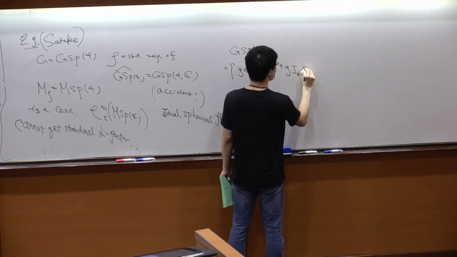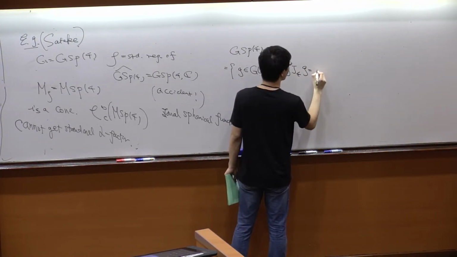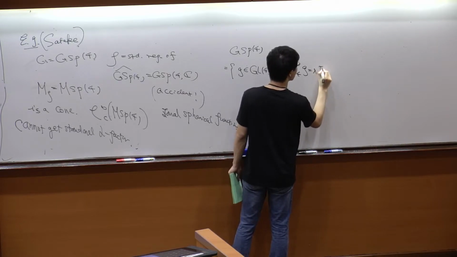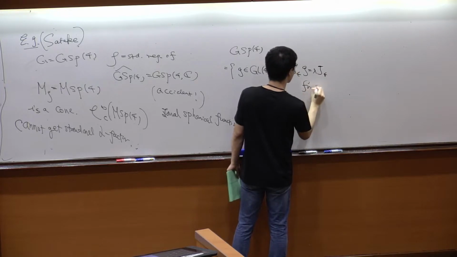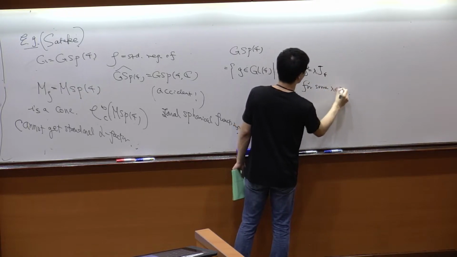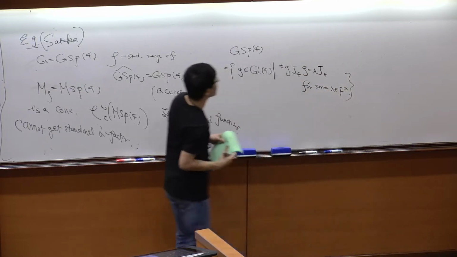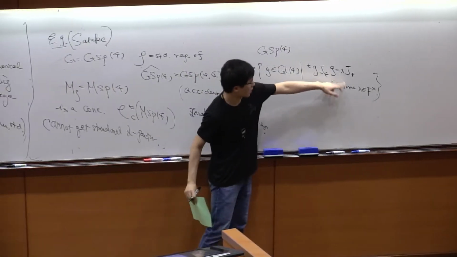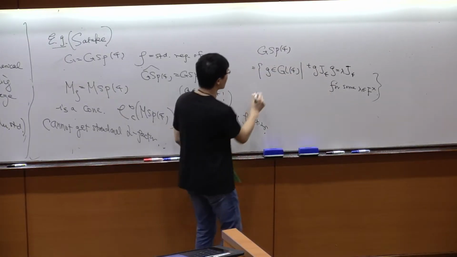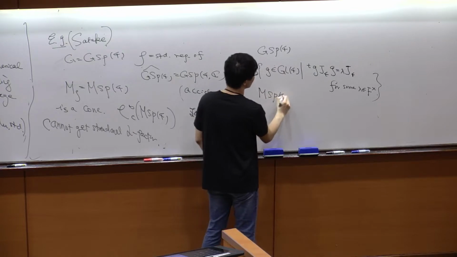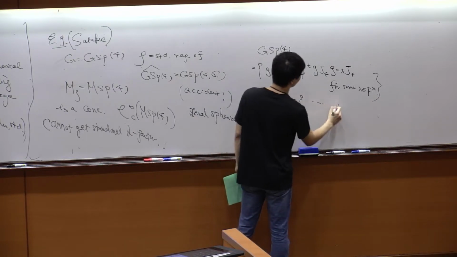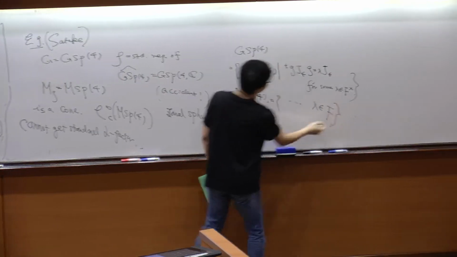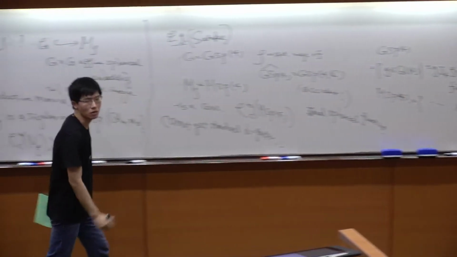I think in this case, g transpose J4 g is equal to lambda times J4 for some lambda. Here you need to assume that the parameter lambda is invertible. Then what about MSp4? Then you just assume lambda can be 0 anyway. This is the definition.